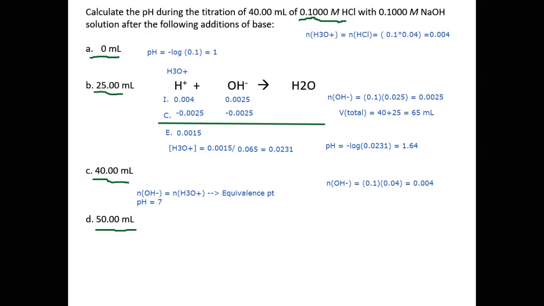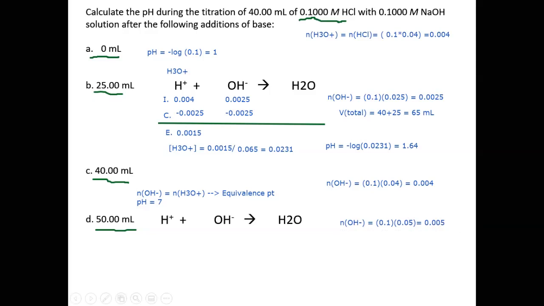Now we want to know the pH after we've added 50 milliliters. So let's come over here, determine the moles of hydroxide. So we have 0.005 moles of hydroxide.